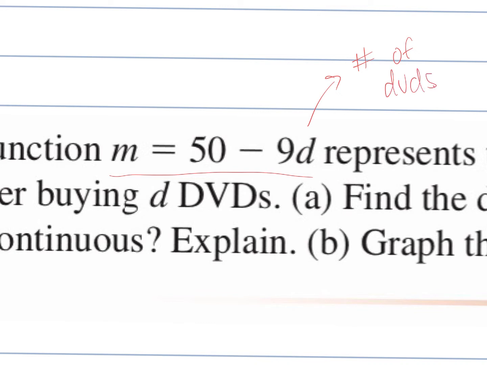If the number of DVDs, D, is being multiplied by 9 and subtracted from 50, what is this problem saying? If I take the number of DVDs that I buy and multiply them by 9, what does the 9 mean?